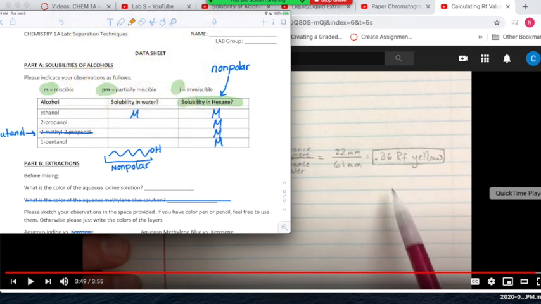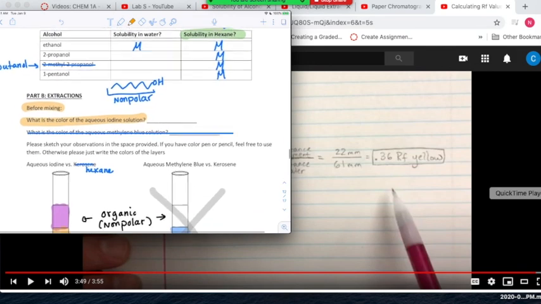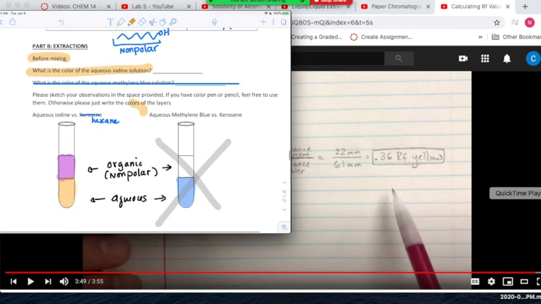You're going to tell me before mixing what was the color of the iodine solution. You're going to have this left side filled out. You don't have to have the right side filled out. And again, you do not have to have the colors actually colored in, but you can just say what you see. So if you saw this as purple or pink or whatever color you saw, and then whatever color you saw down here, that's fine.